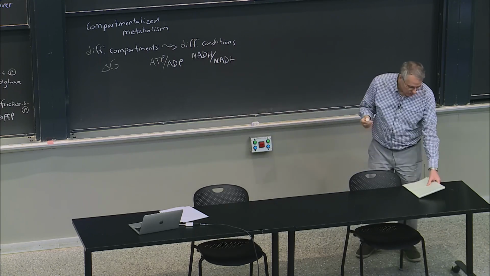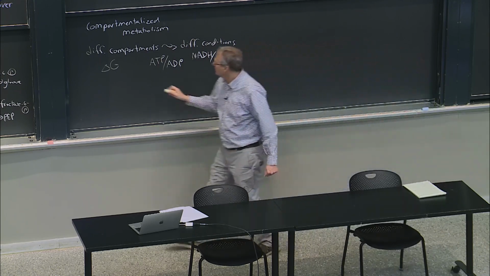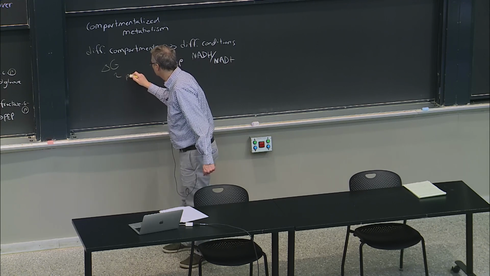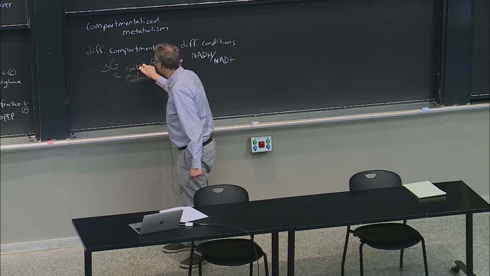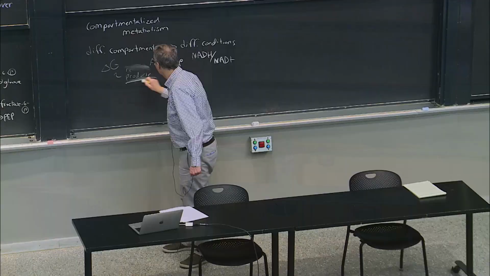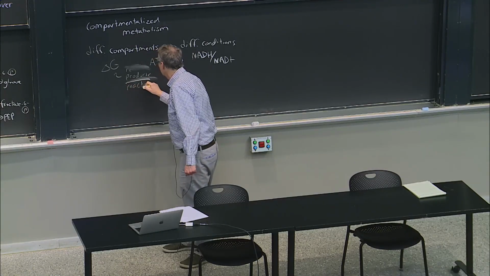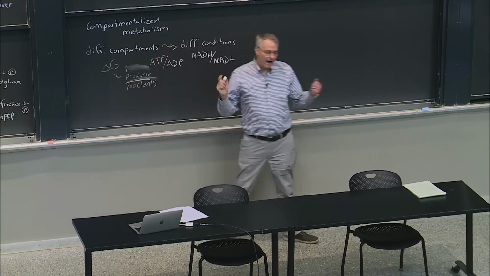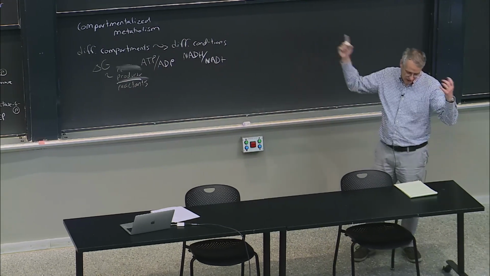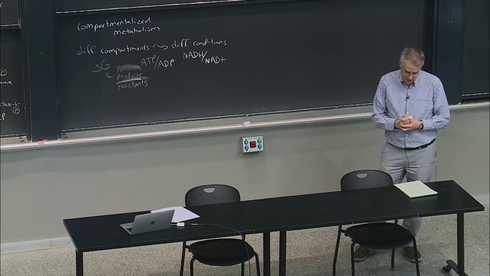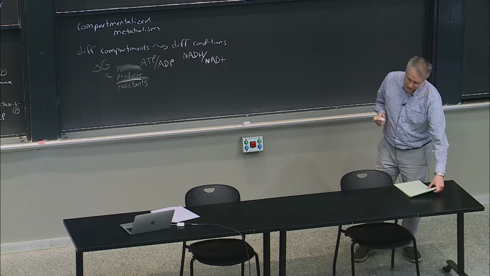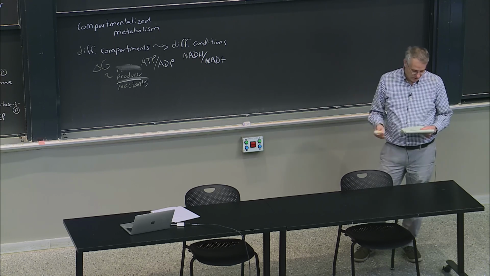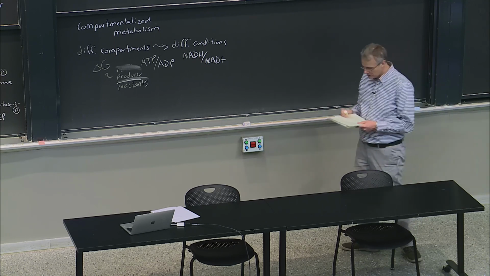Having those different ratios means that, because delta G is proportional to the ratio of products over reactants, by having different ratios of things like ATP and ADP, NAD+ and NADH, you can make different reactions more or less favorable depending on which compartment in the cell they're located.